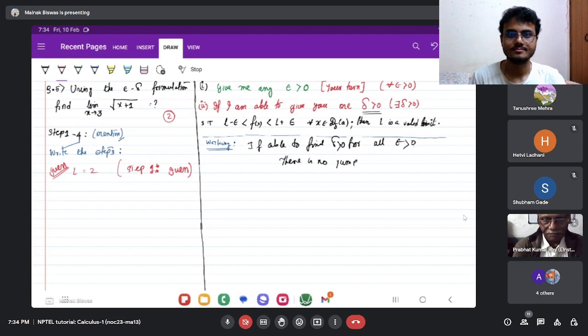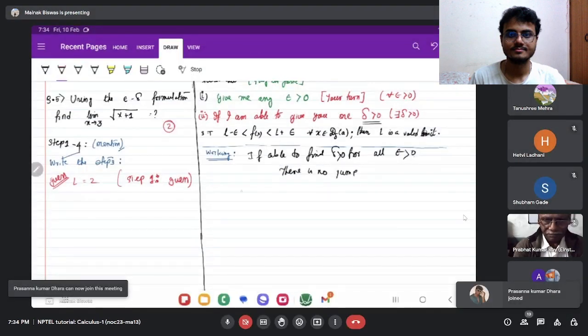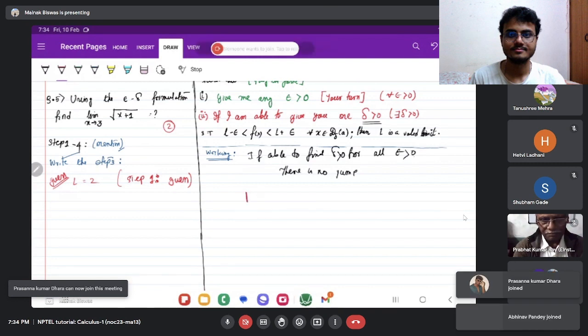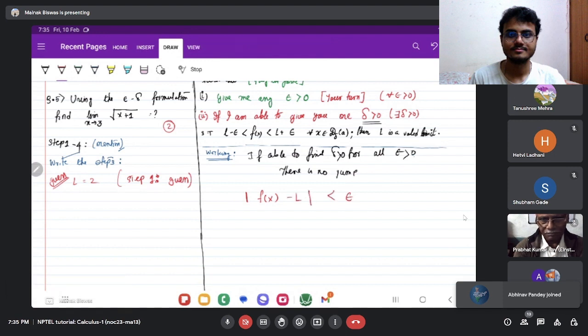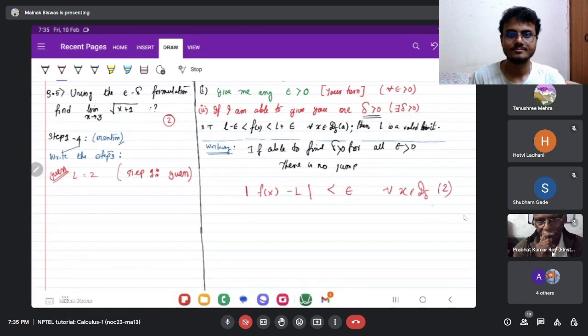So let's see. For example, I told you this is the formulation: for all x in the delta neighborhood of 2, that is, x belongs to 2 minus delta to 2 plus delta, leaving out 2.